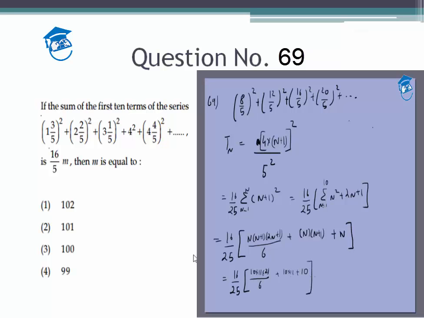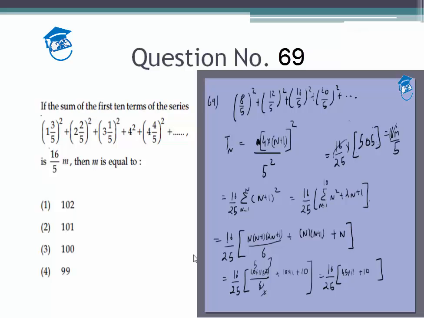Which is 16 by 25 times, this is 7 and this is 2 and this is 5, so 5 into 7, 35 into 11, and 10 into 11, so it's 45 into 11 plus 10, which is 16 by 25 into 450 plus 45, 495, plus 10 is 505, and we are given that this is equal to 16m by 5.